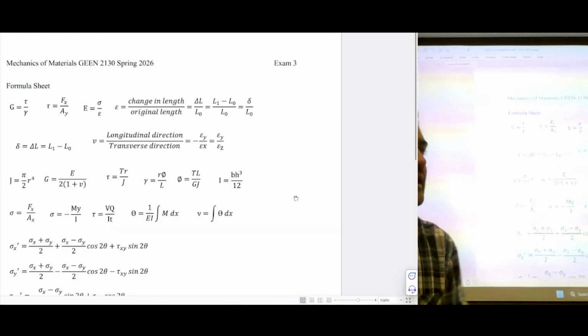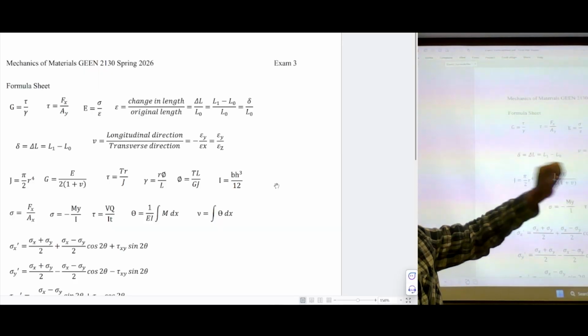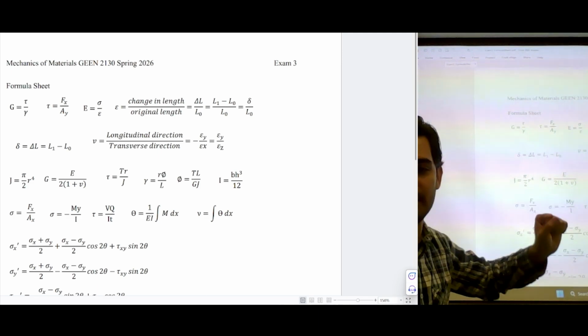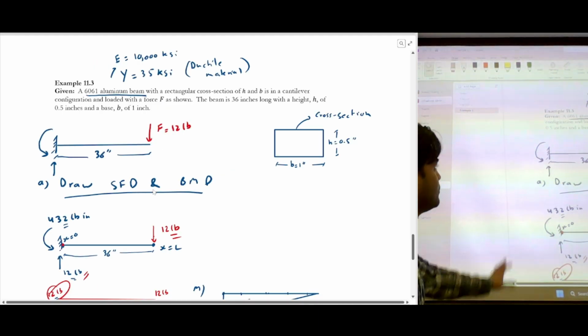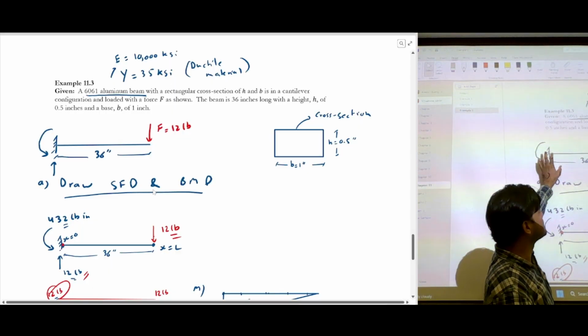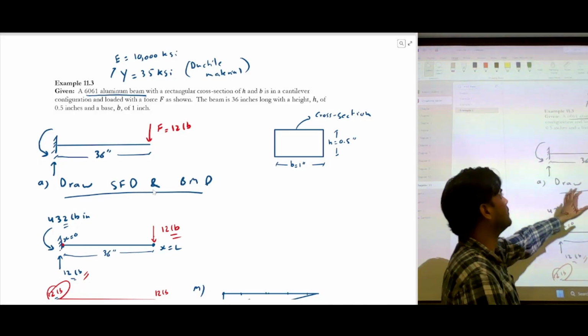And also about the exam, we're going to have three questions like before. So the first question would be, I will give you a member. So for example, this is what we were doing before, right? It's going to be a beam with different loading conditions like we had before.